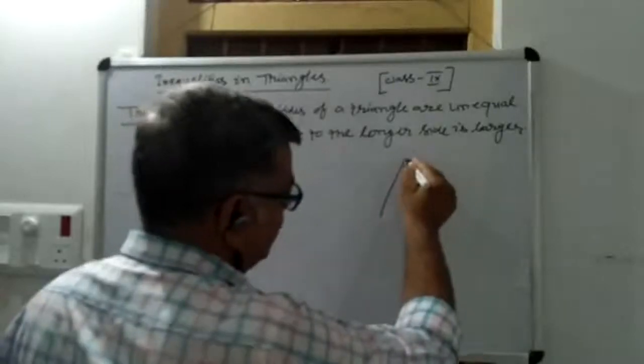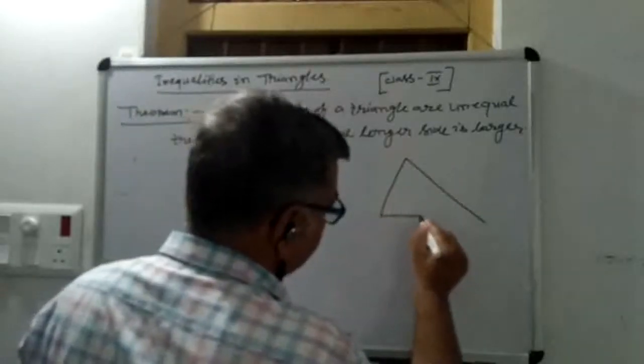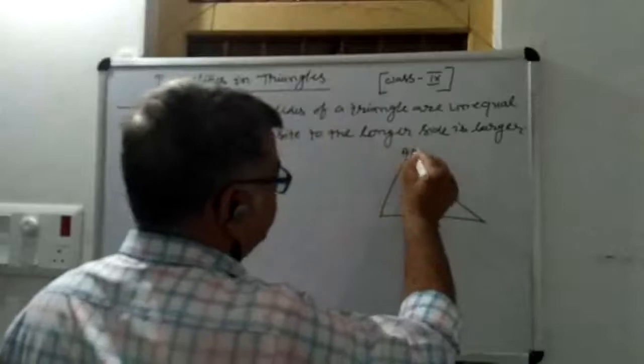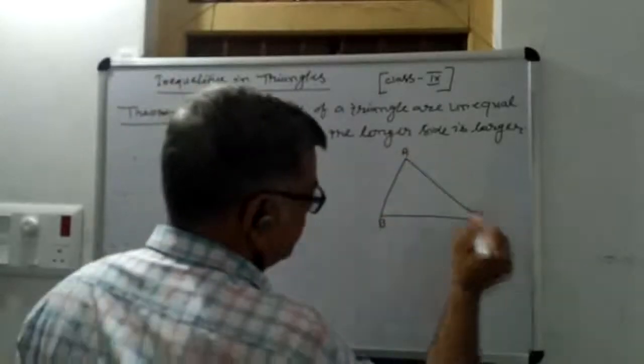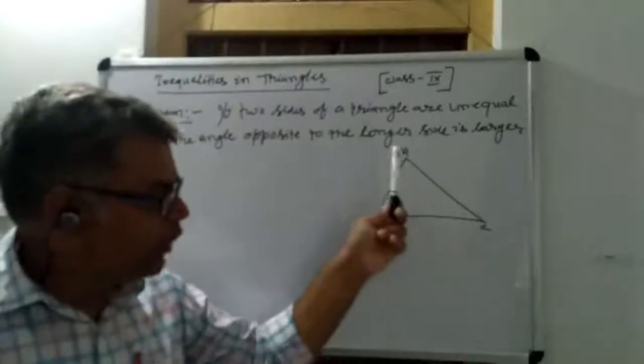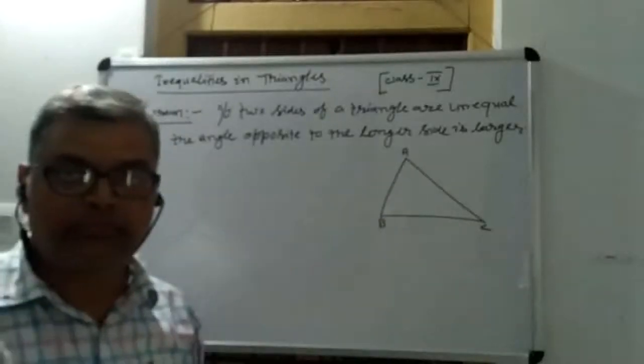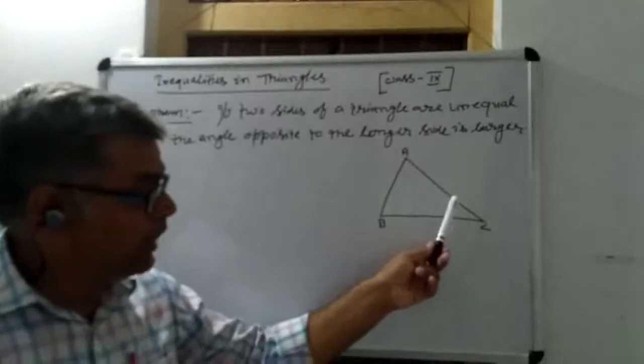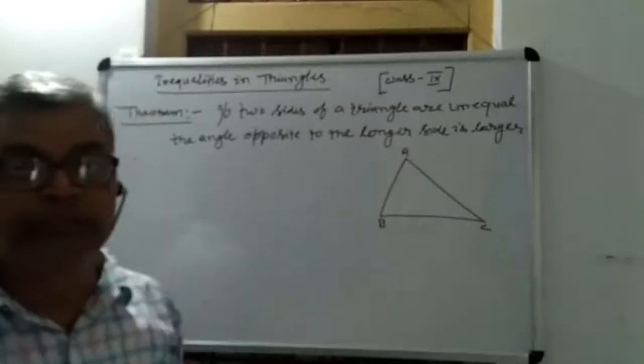Suppose this is a triangle ABC, in which you can see that this AC side is longer than AB. Side AC is longer than AB.